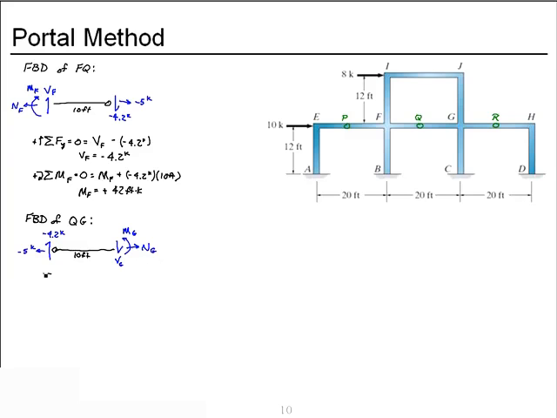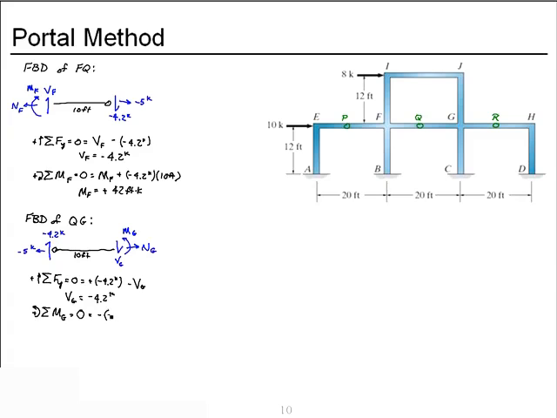So I'll apply vertical equilibrium. We'll choose up as positive. I have a positive but negative 4.2 kips minus the shear at G. The shear at G is minus 4.2 kips. Now we sum moments about point G, and I'll choose counterclockwise to be positive.